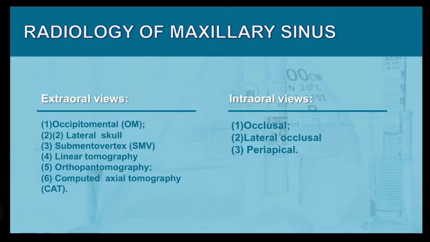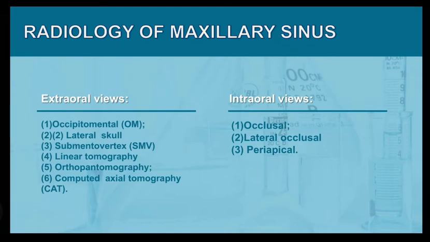Radiology of the maxillary sinus. The radiological examination is important in addition to the clinical examination of the maxillary sinus. It provides adequate information to either confirm or rule out various pathological processes involving the maxillary sinus.